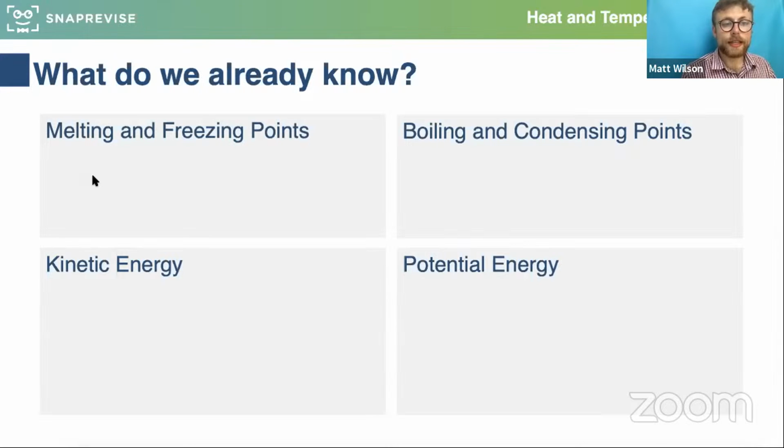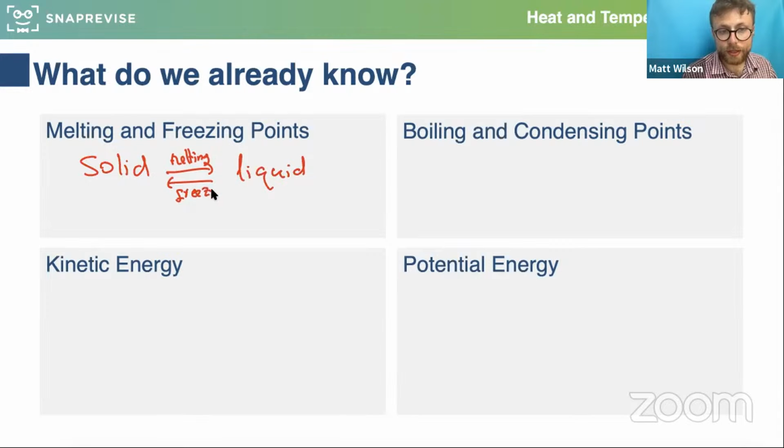Melting is the process of going from a solid to a liquid. And freezing is the opposite. Freezing is the process of going from a liquid to a solid. One key thing to know is the temperature at which water melts or freezes.